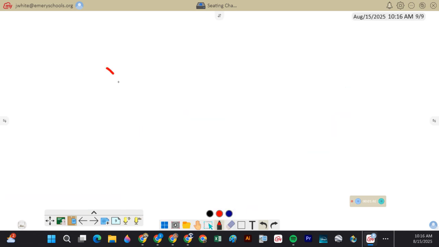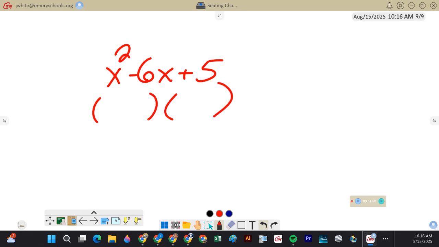So what if we had... I'm going to factor this quadratic into two factors. You remember how to do this? This is the multiply number, and this is the add number.